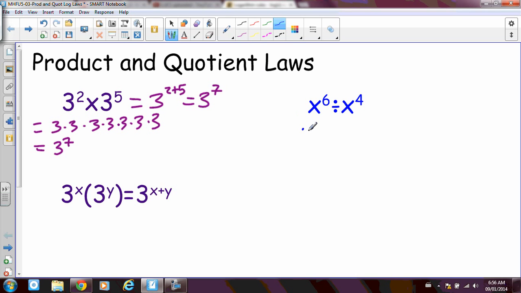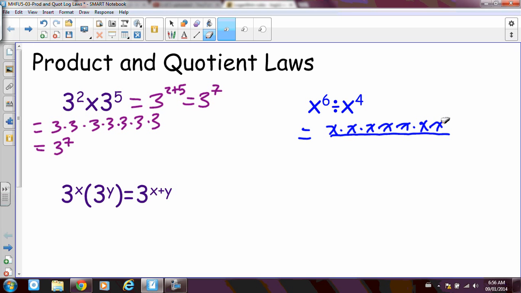Similarly, we have a rule for division. This is essentially x times x, 6 times on top. 1, 2, 3, 4, 5, 6.